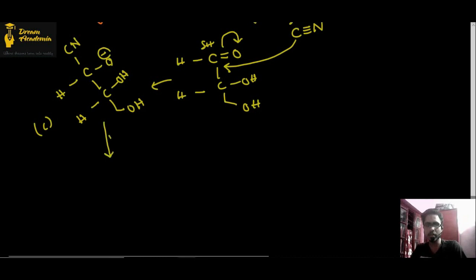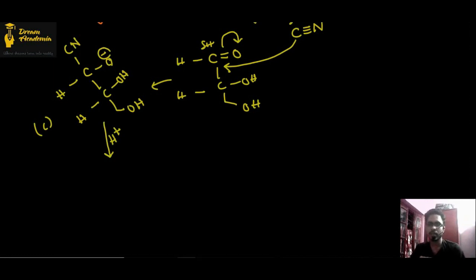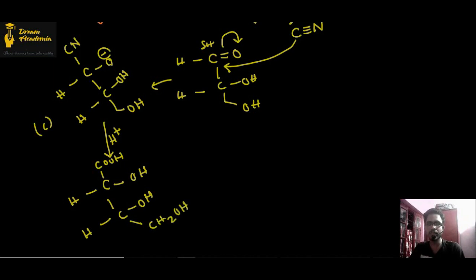When addition of H plus occurs here, I hope you have all read it in nitrogen containing compounds or carboxylic acids that CN when subjected to hydrolysis converts to COOH. Okay, so simultaneously this becomes COOH, H and CH2OH. So this is the final compound D.